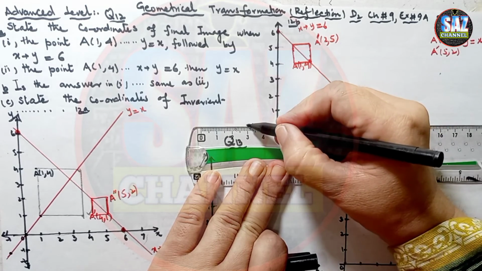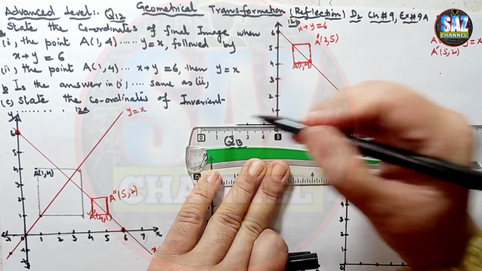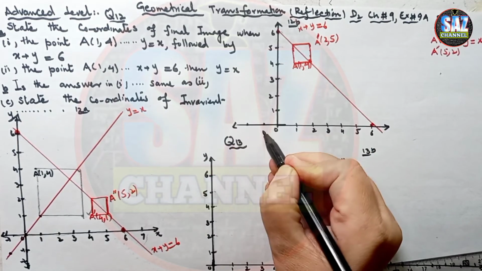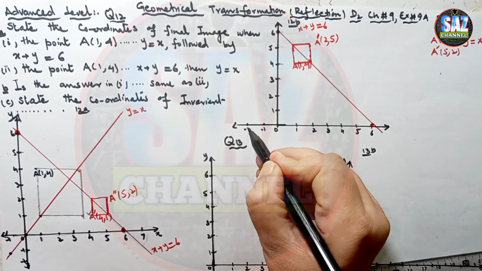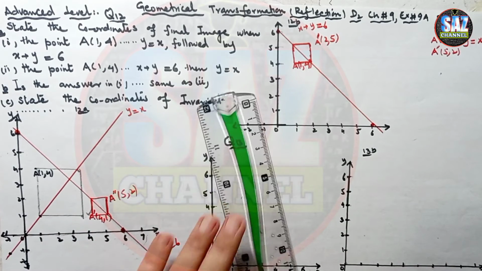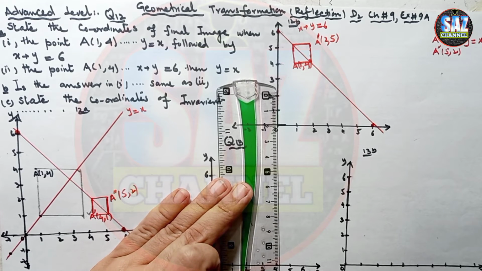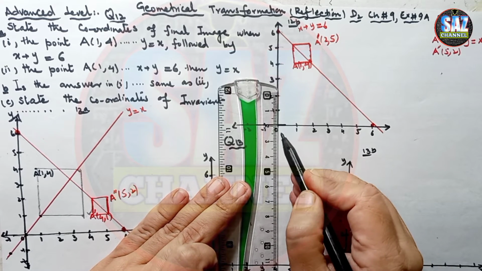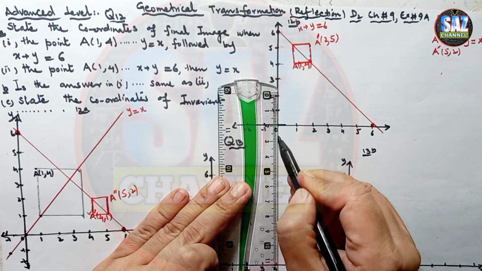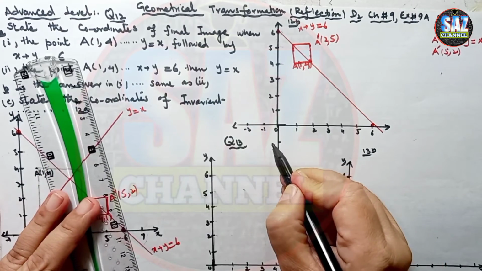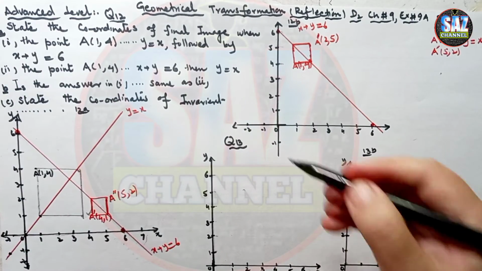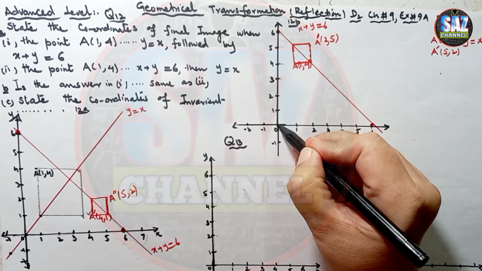This is -1, this is -2, this is my x-axis, this is -1, this is -2. Again I can extend my y-axis a little more so that y equals x can have the exact steepness. This is -1. In order to draw the line y equals x, I can take 3 points.